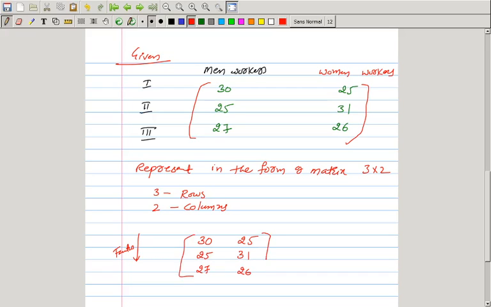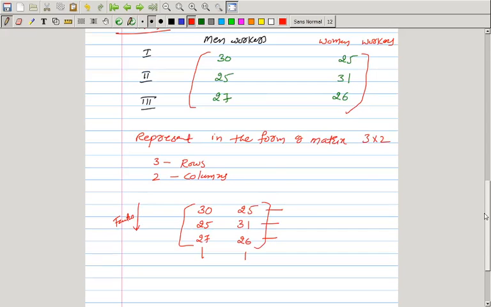So this is my answer. So this matrix has 3 rows, first row, second row, third row, and 2 columns, first column, second column, right? So this is our required matrix.